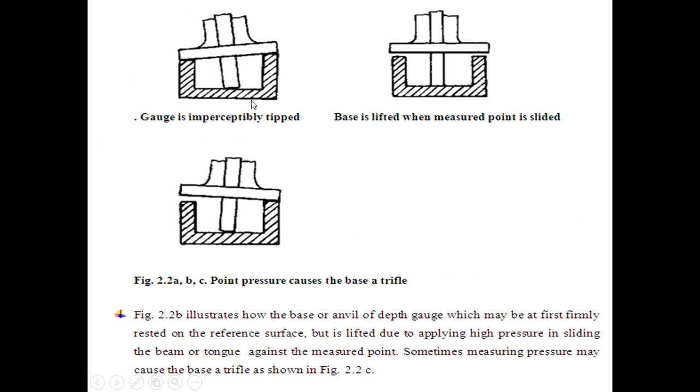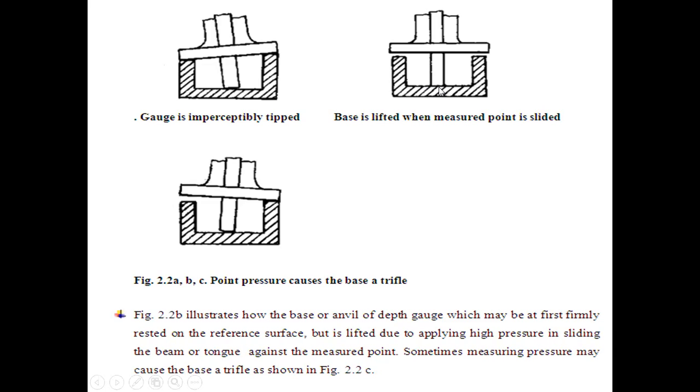Let us say figure A. According to figure A, if the anvil of the measuring instrument does not coincide properly, that leads to parallax error. If the sliding scale is not properly fitted to the reference surface due to lag or deviation in the anvil support, we cannot get the proper measurement value.